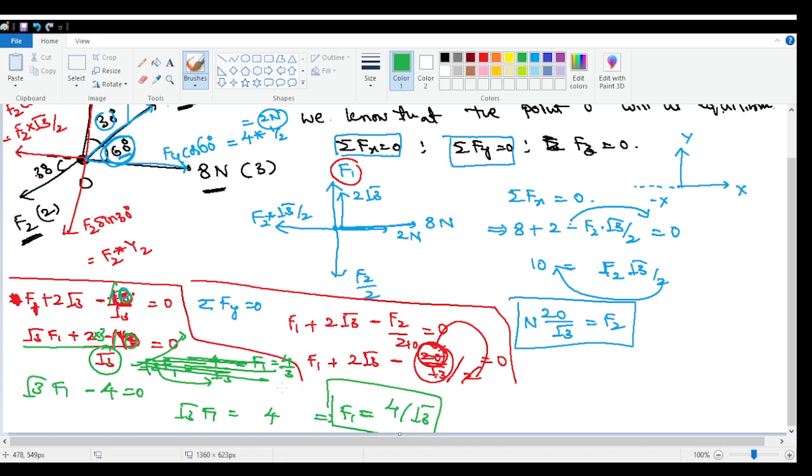That is the F1. So you cannot expect F2 to be equal to 0, because the addition of all forces must be 0, you can cross verify this one.